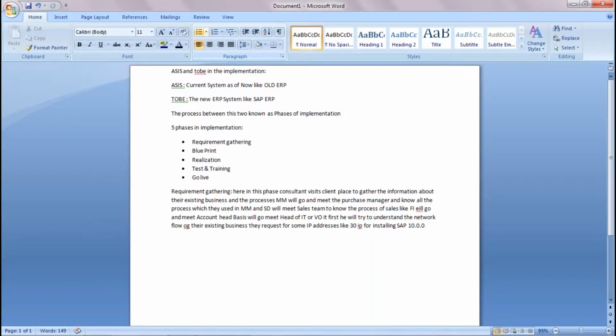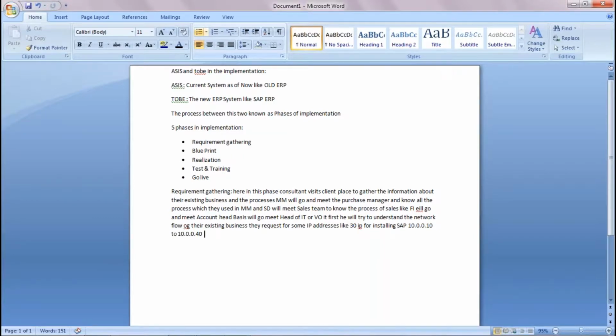They are giving a range like 10.10.10.2 to 10.10.10.40. These IPs are specially reserved for SAP. Today you use 10.0.0.10, 11, 12, 13, 14, 15, 16. The remaining are for you only. They never give them to somebody else.